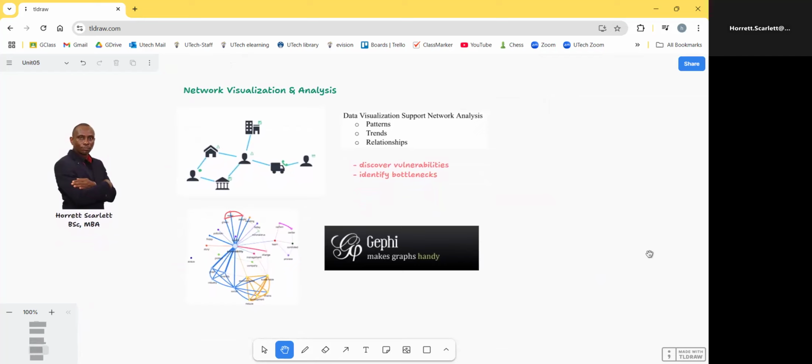Finally, network visualization and analysis is very important. And it's important because once we have plotted the network assets so that we can visualize it, easily see it, then it's easy for us to appreciate the kind of relationships that exist between them.